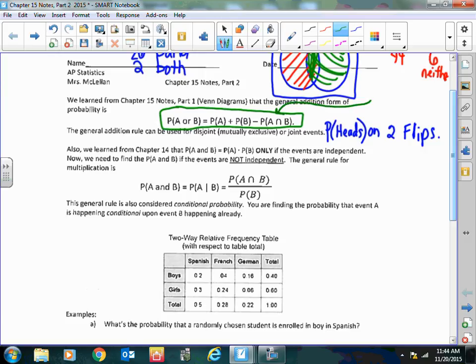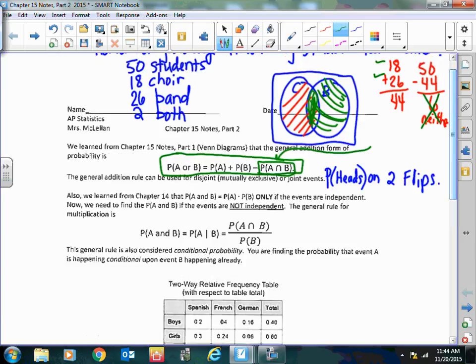You take away one little piece that did get double counted. So you would add the 18 plus the 26 and take away a section that got double counted. That would then give you the correct answer of 42, so therefore 8 of them took neither.